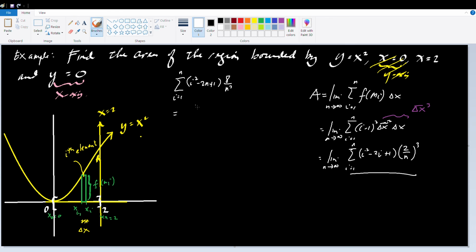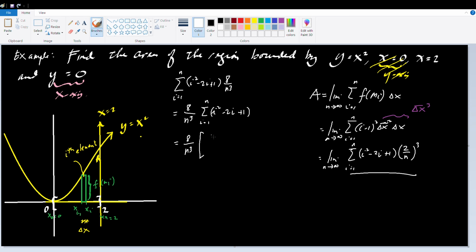We can write this as 8 over n cubed times the sum of i squared minus 2i plus 1, i from 1 up to n. We can bring out 8 over n cubed because there is no occurrence of the index i. So it's a constant, 8 over n cubed, and we bring it outside. And then we evaluate the summation of this sum.